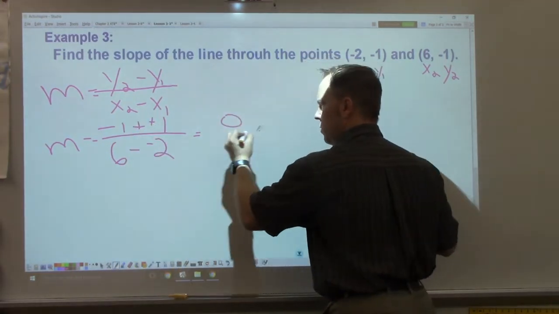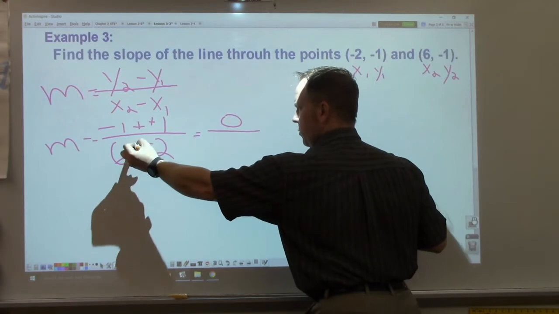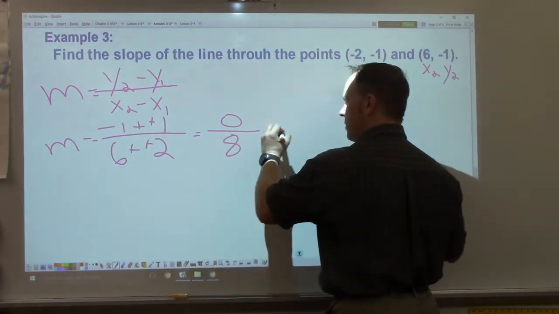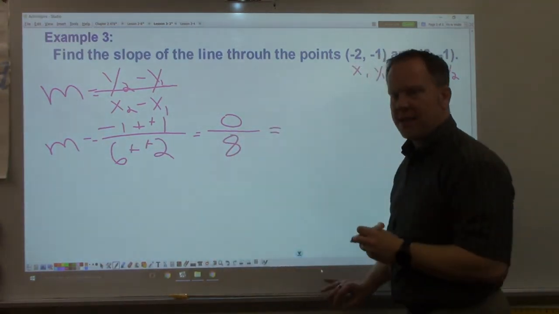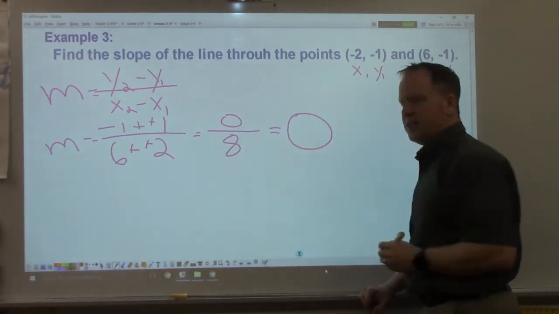That is 0 over 6 minus -2, which is 8. 0 divided by 8 is 0. This is a 0 slope.